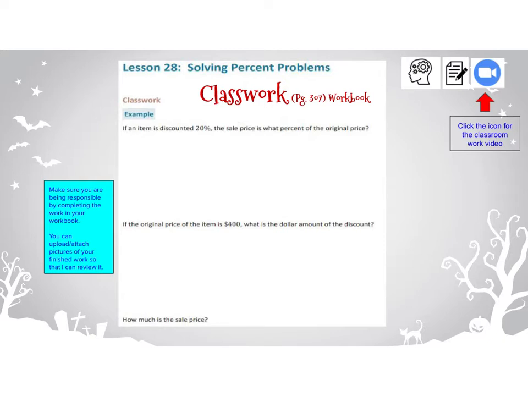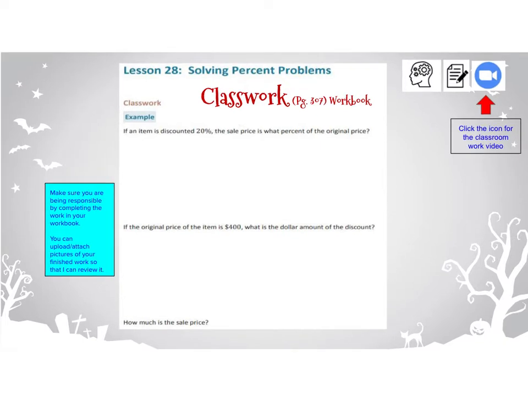They just said if an item is discounted 20%. Let me get my pen going. So we have something that was 100% price, right? The original price is 100%, and we're going to take away 20. 20% is the savings.